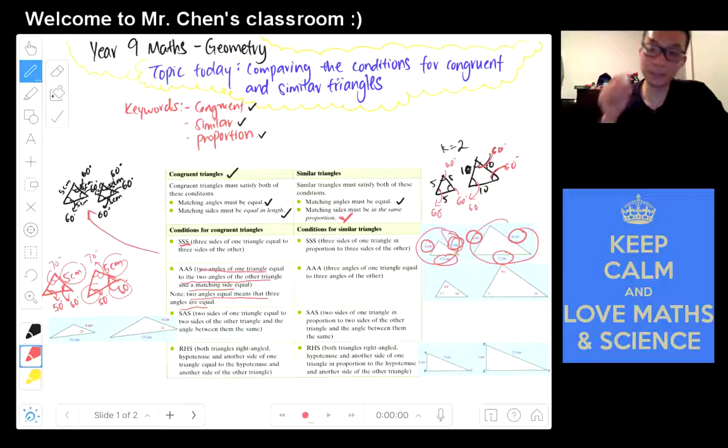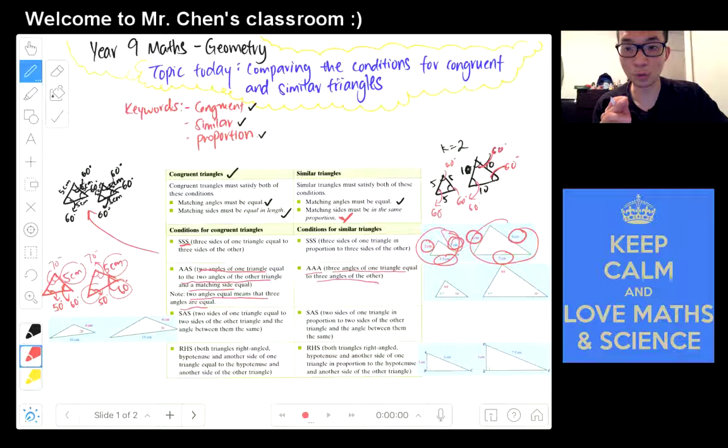And for similar triangles, however, all you need is angles. Look at this: 3 angles of one triangle equal to 3 angles of another. As long as the angles are the same, it doesn't matter if the lengths are not. That only applies to congruence.